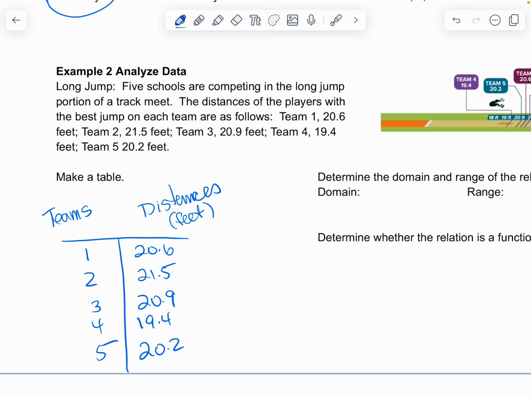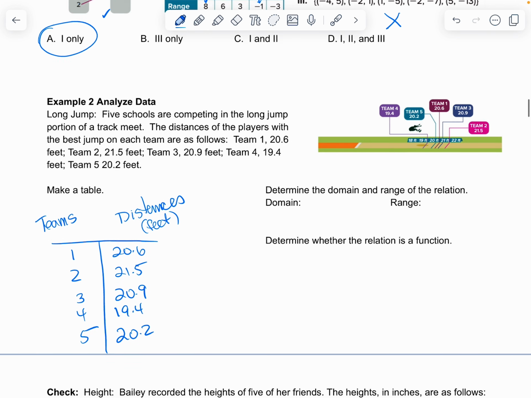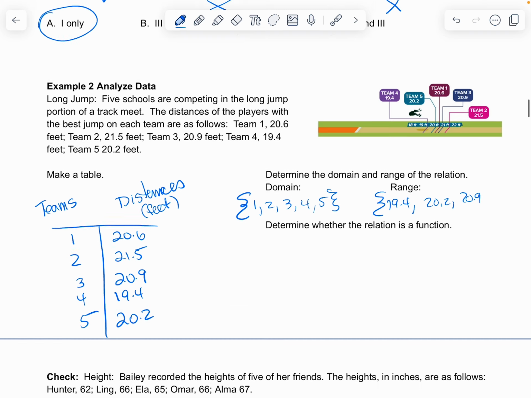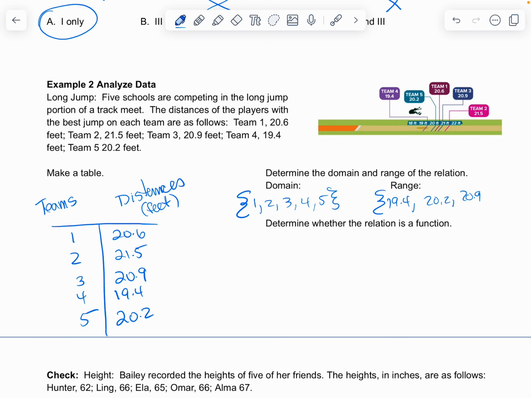So the first thing it's asking us is what is the domain? So domain are the teams. Okay, so 1, 2, 3, 4, 5. The range, 19.4, 20.2, 20.9, if I'm going to have enough space.